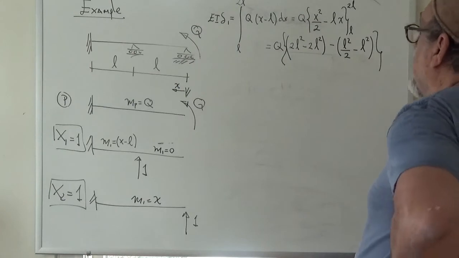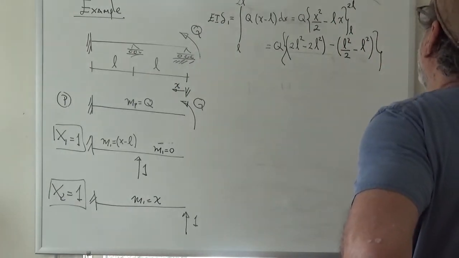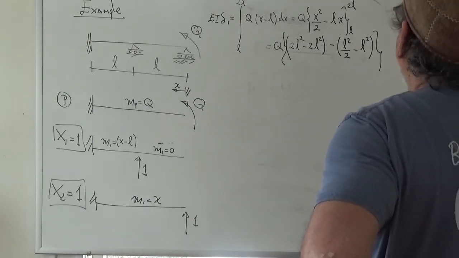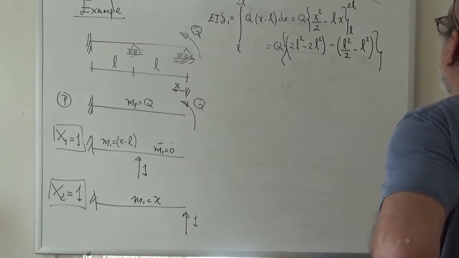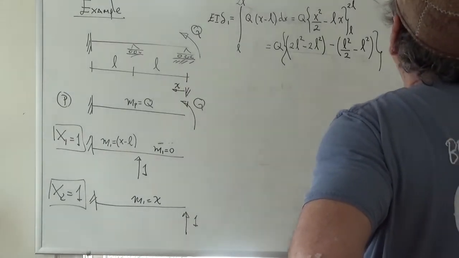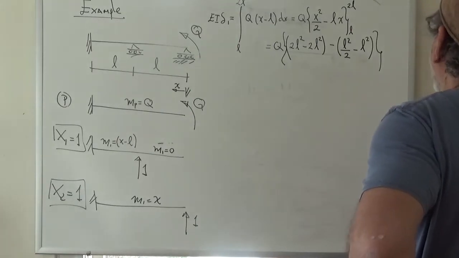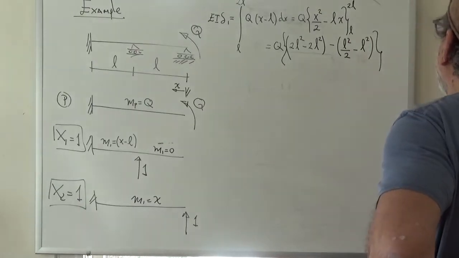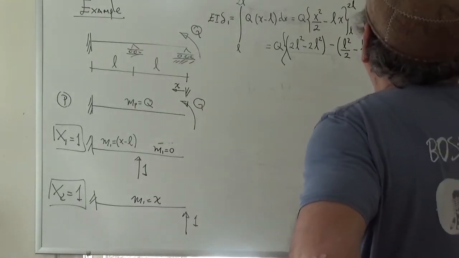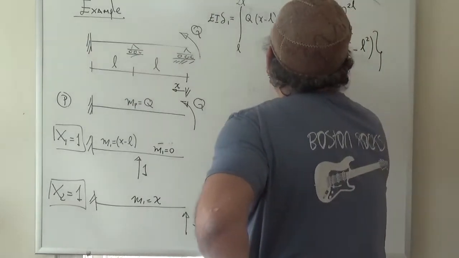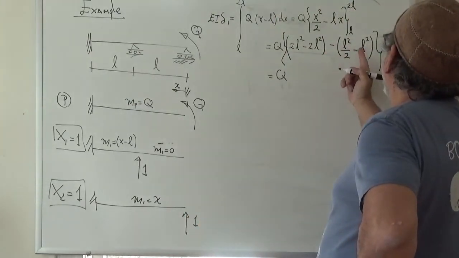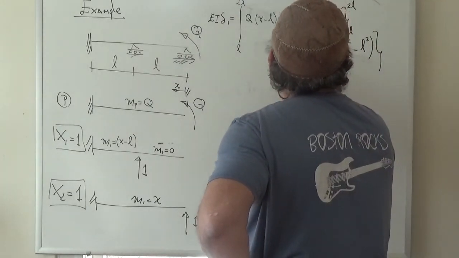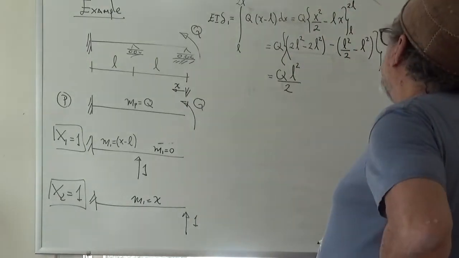Let me see if I didn't make a mistake. Q times x minus L. So x dx is x squared over 2, L dx is Lx. Those are the limits. I get 4 over 2 is 2, 2L squared minus 2L squared minus L squared over 2 minus L squared. So it looks like these two parts cancel over here, and then we get L squared minus L squared over 2, which is L squared over 2, and that's it, right?